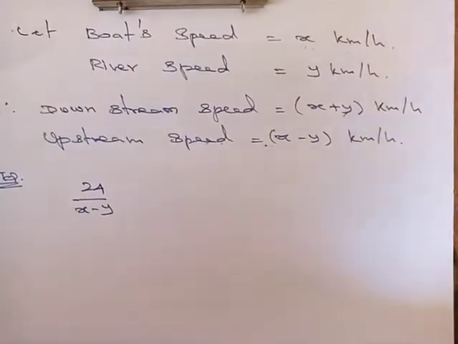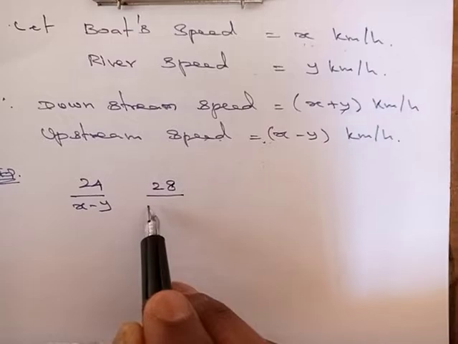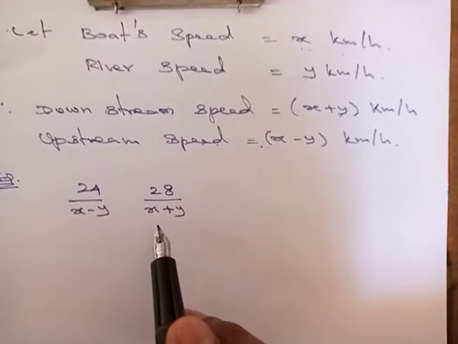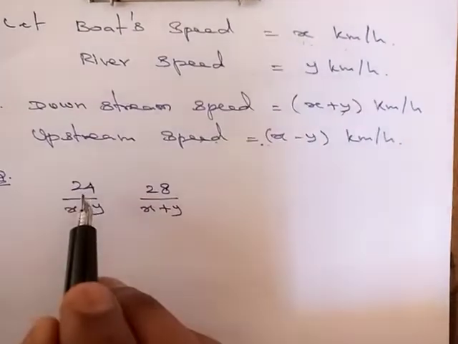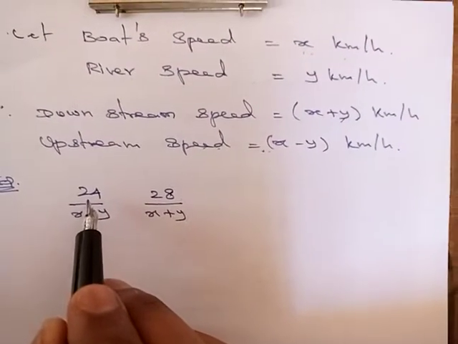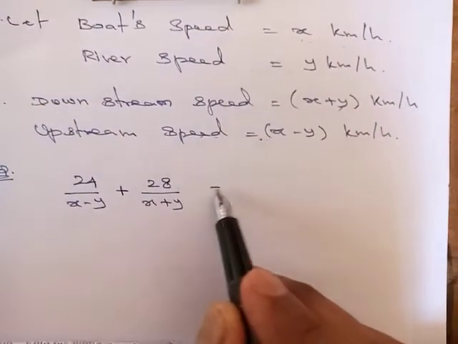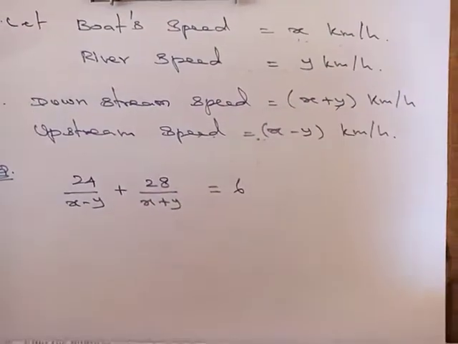Now downstream is 28 kilometer. So 28 kilometer divided by downstream speed x plus y. If we divide this, we will get the time taken to travel this distance in this downstream. This is time taken to travel this 24 kilometer in upstream. So total time they given 6 hours. So add these two, we will get 6.